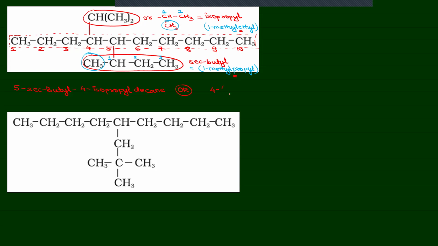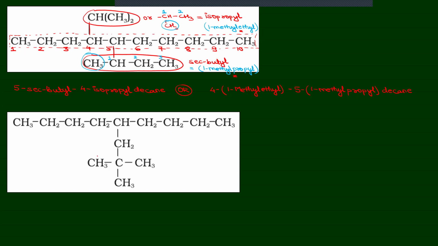That's why it would be 4 1 methyl ethyl in the bracket, 5 1 methyl propyl again in the bracket, and then the parent of 10 carbon would be decane. These are the two ways of naming. Understood? Yes, sir.